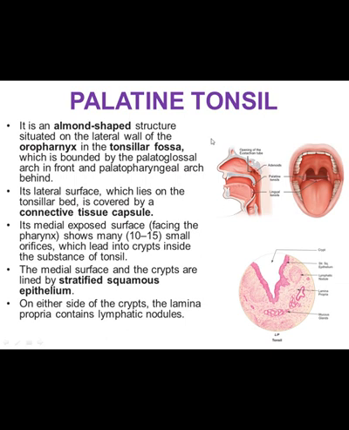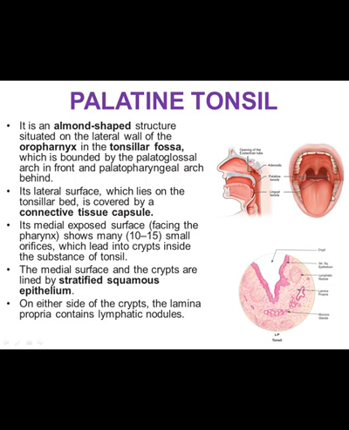Now we come to another lymphoid organ, Palatine tonsil. The palatine tonsil is an almond-shaped structure situated in the lateral wall of the oropharynx in the tonsillar fossa. Here is tonsillar fossa, the lateral wall of the oropharynx, and it is bounded by the palatoglossal arch in front and palatopharyngeal arch behind.